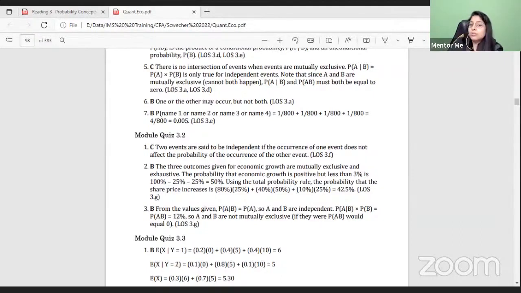So there is a 42.5% probability of the share price increasing irrespective of whether the economy grows by more than 3%, positive or negative. So that is what the total probability rule does for us. It tells us the total probability of a certain event happening irrespective of any conditions. So that is one point.